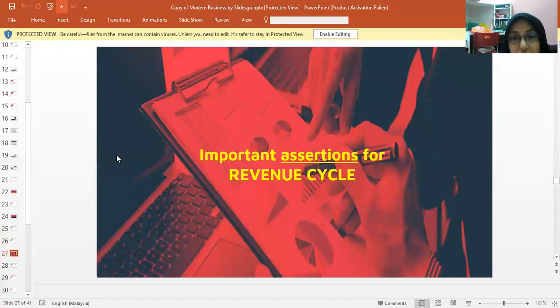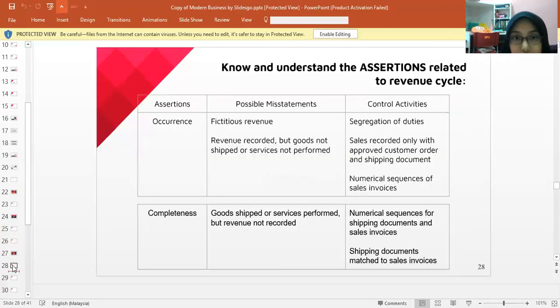Next, I would like to present the assertions for the revenue cycle. The assertions involved in the revenue cycle, first, will be occurrence. For occurrence, the possible misstatements will be fictitious revenue, and revenue recorded but goods not shipped or services not performed.